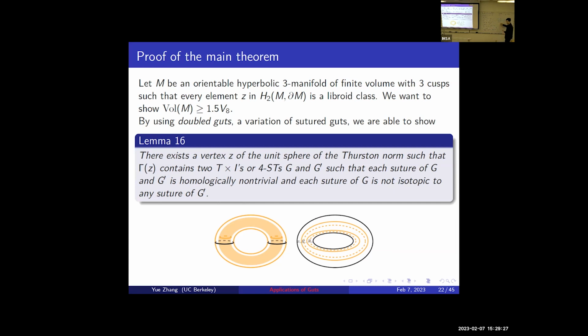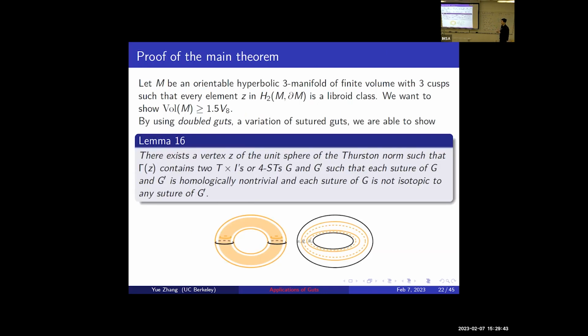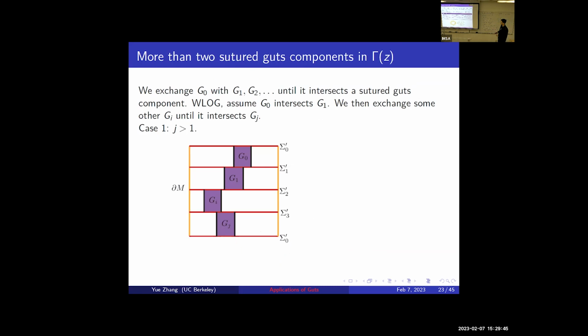I just want to rule out this case because this won't give you too much information about the volume. They're too trivial from my understanding. Yeah, so let's discuss it case by case.